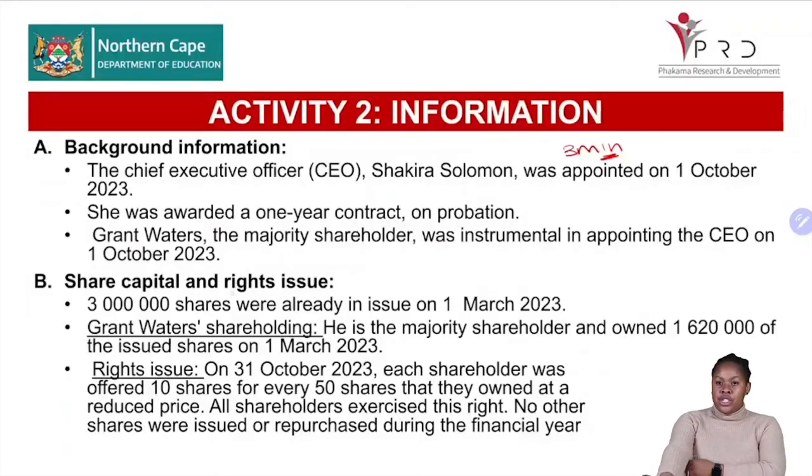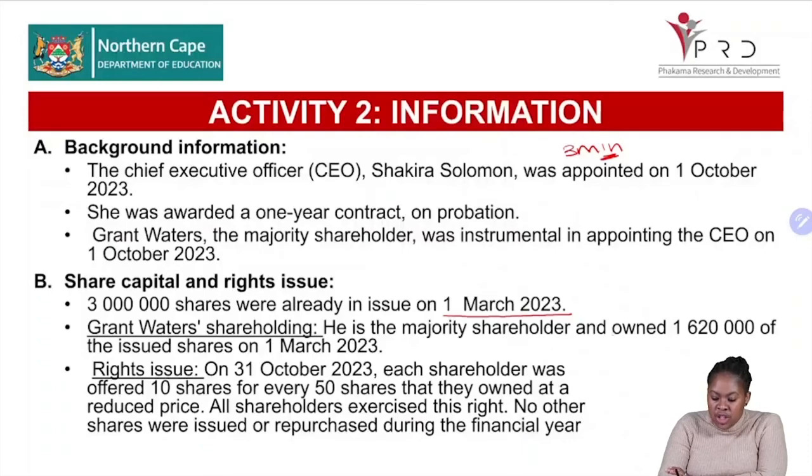So we are talking about the shares now, all right? Now, 3 million shares were already in issue on 1 March 2023. Now, this is the beginning of the financial year, all right? And then, Grant Waters shareholding.